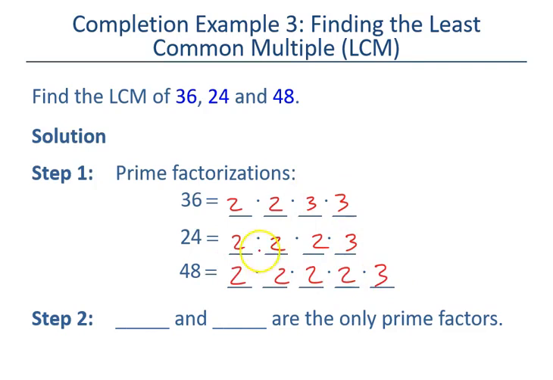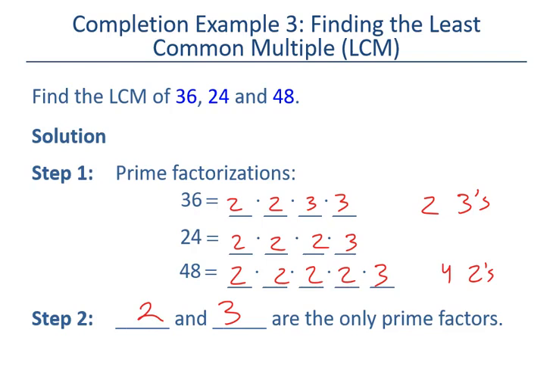So notice we just have 2 and 3 as the prime factors. What's our greatest amount of 2's? Notice it's right here, so we're going to have four 2's. Well, how about 3's? I've got one 3 here, one 3 here, and then here I've got two 3's. So I've got two 3's. And this is very much reminiscent of our last problem.